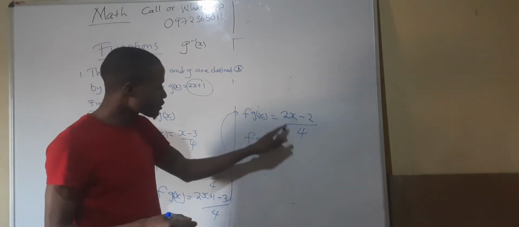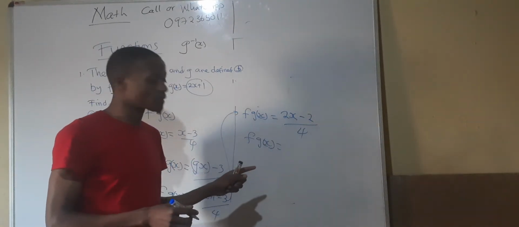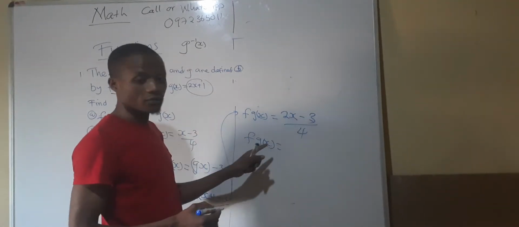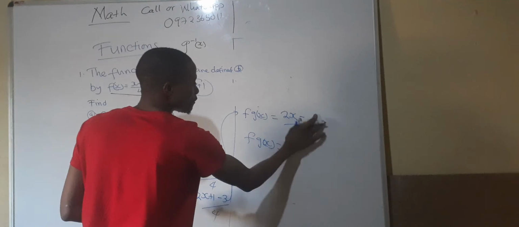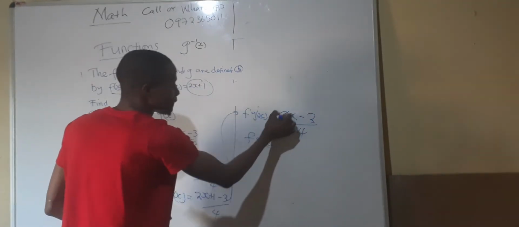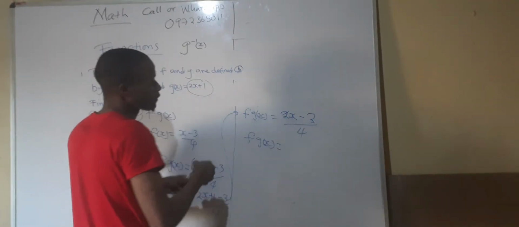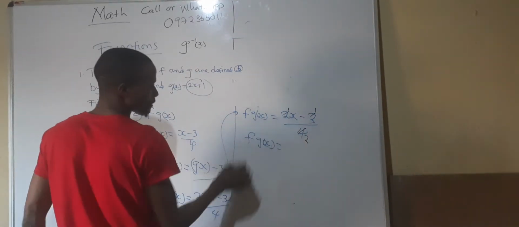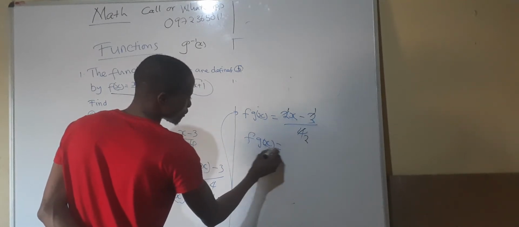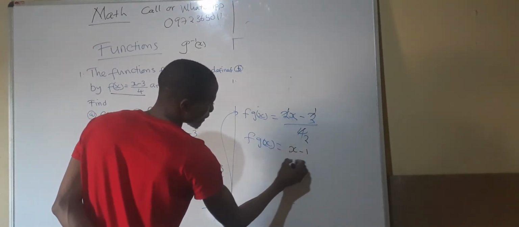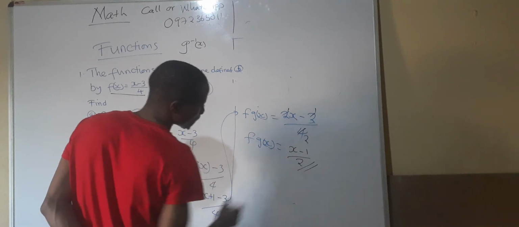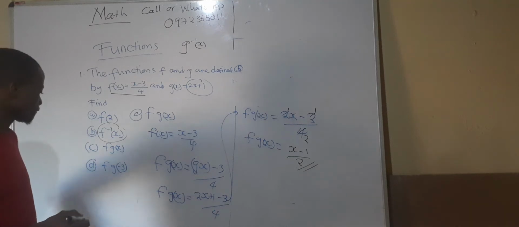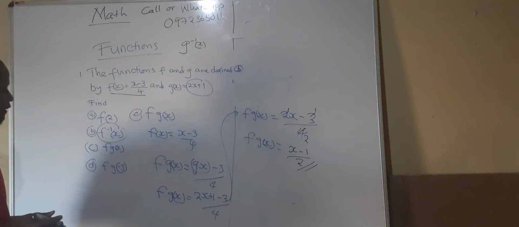There is a common number which can divide all three numbers, so we reduce that. But if we did not have a common number, for example if we had 3, we could have left it just like that. Now we have a 2 there, so 2 here it's 1, 2 here it's 1, 2 here it's 2. So 1 times x becomes x, so fg of x is equal to x minus 1 over 2. That is the fg of x function. That's how we answer that question.